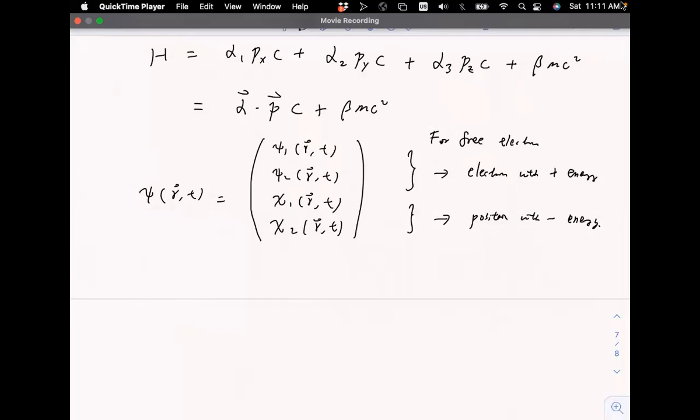And this equation is the basis for the field theory of electrons in high energy. So if you learn high energy physics, you have to learn this 3D Dirac equation. Okay. Any questions before we move on?